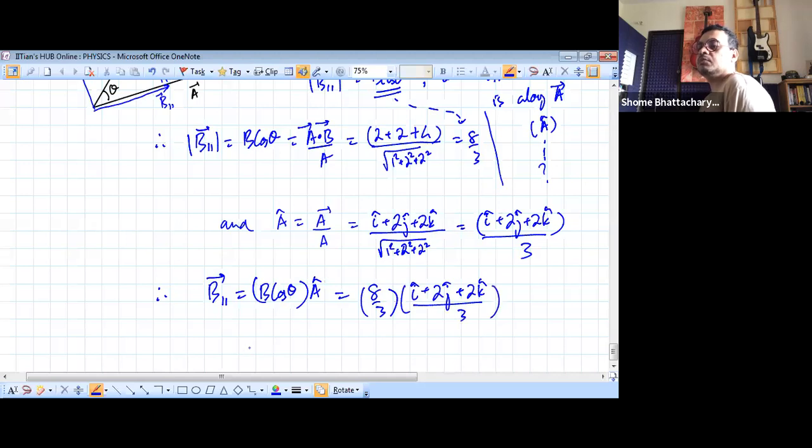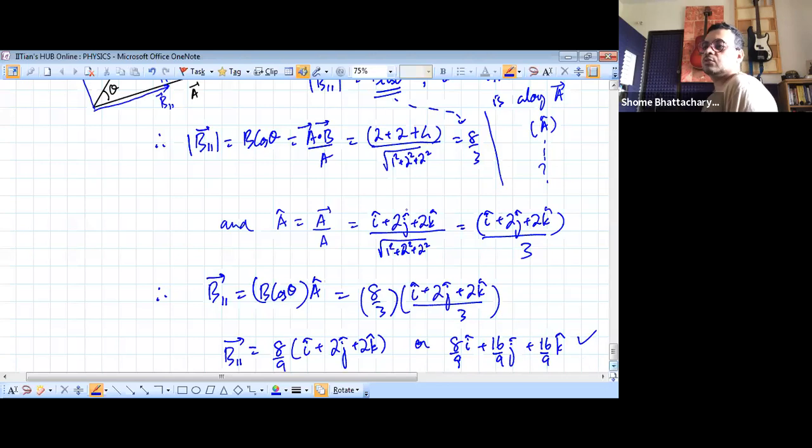So we can just take 1 by 3 outside over here and write this as 8 by 9 i cap plus 16 by 9 j cap plus 16 by 9 k cap. It's one and the same. However we write it, doesn't matter. So this is the parallel component.